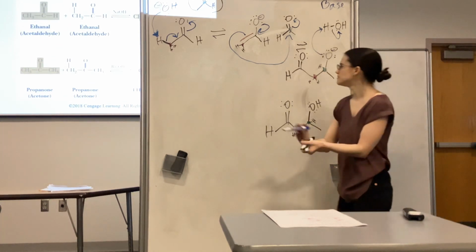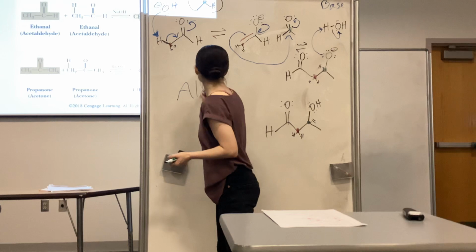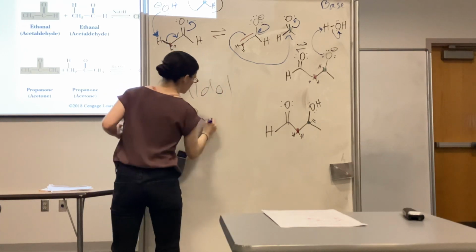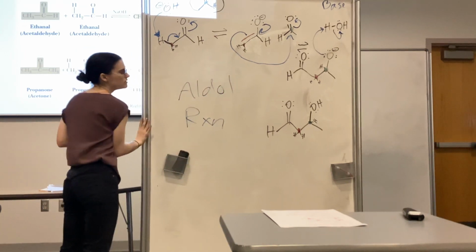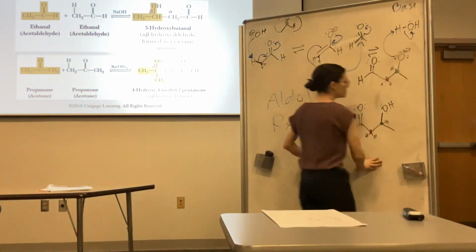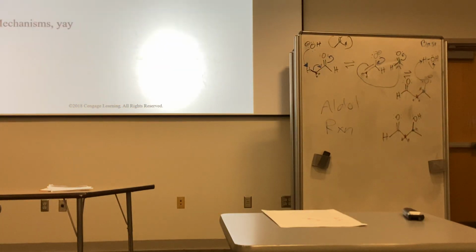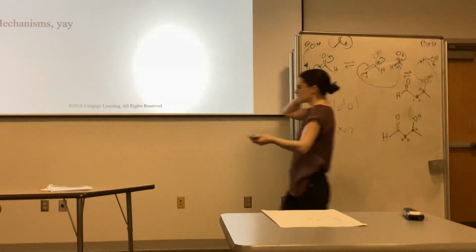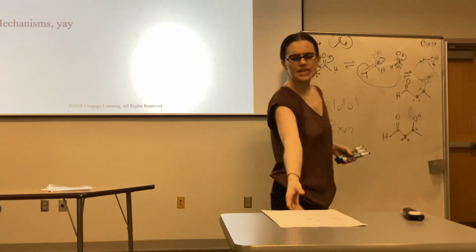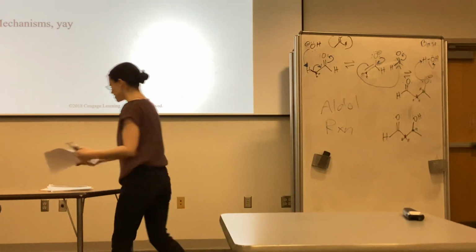So we've made this. This is our aldol reaction. I'm gonna push it to the side for now because we're gonna use that in a second. We're not gonna do this twice. Your notes have the acid catalyzed reaction in there as well.